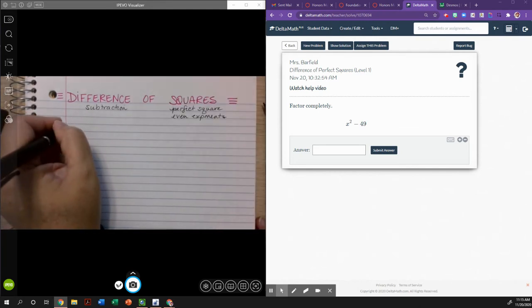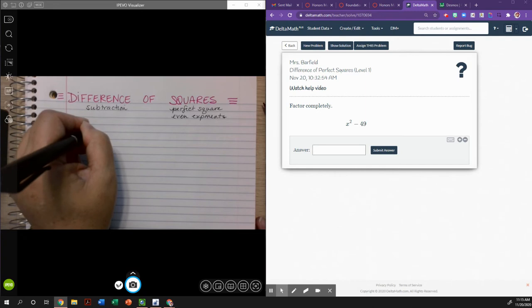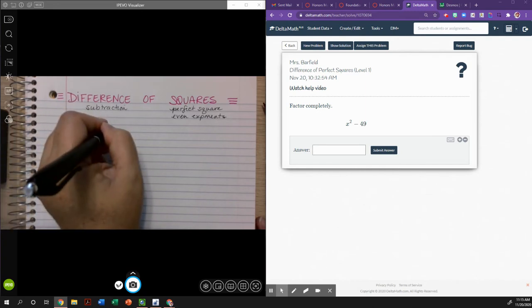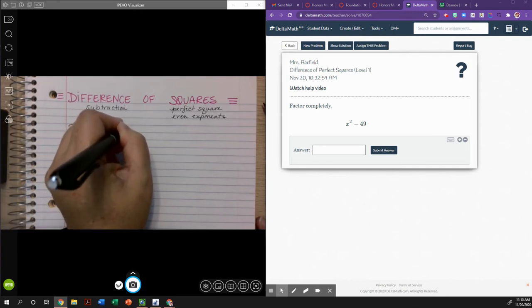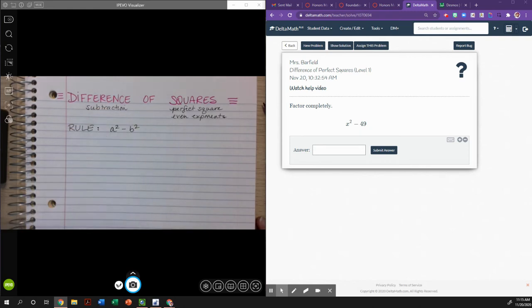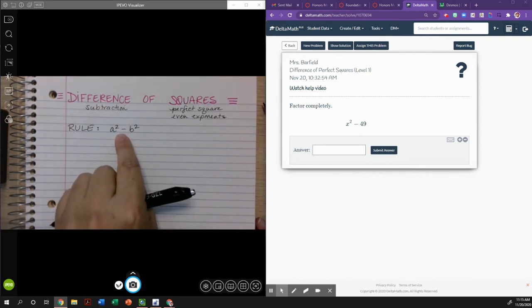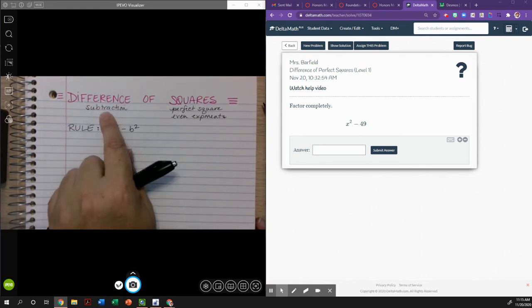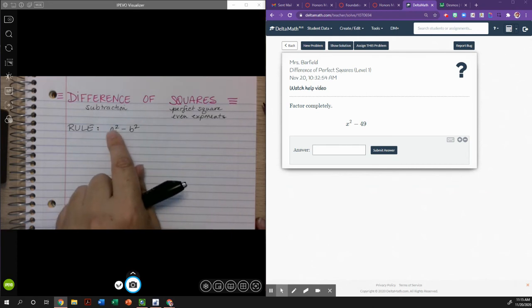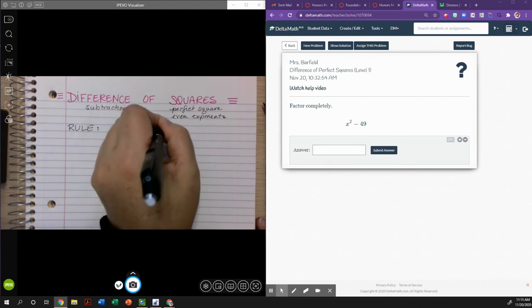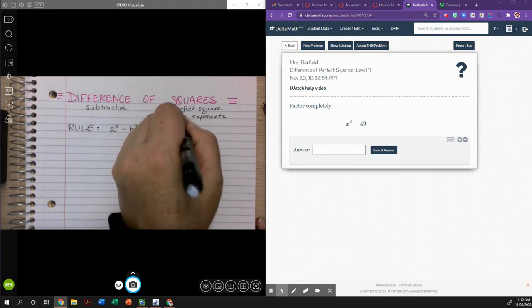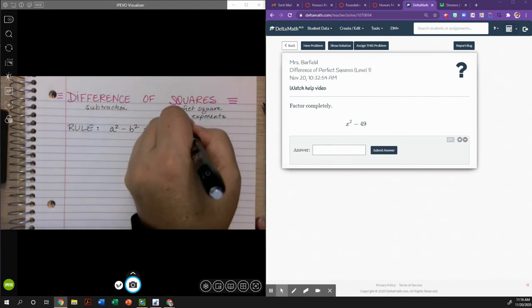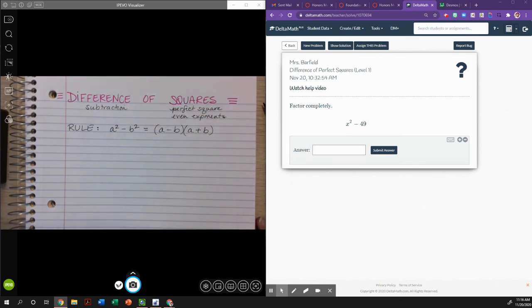All right, so what is the rule? The rule says if I have a difference of squares, so I have a squared minus b squared, so I have a subtraction sign, and then I have squares, a squared and b squared, those are even exponents, those will factor as (a minus b) times (a plus b), or the reverse.